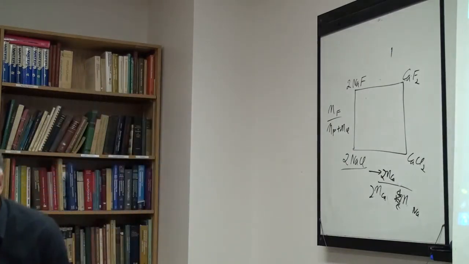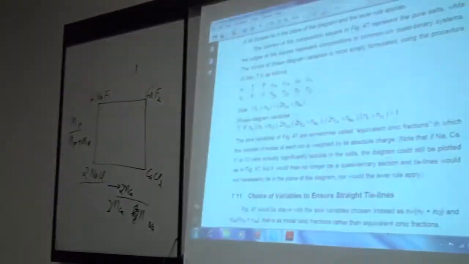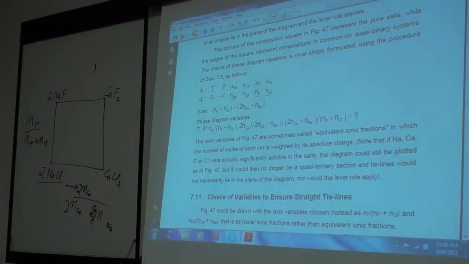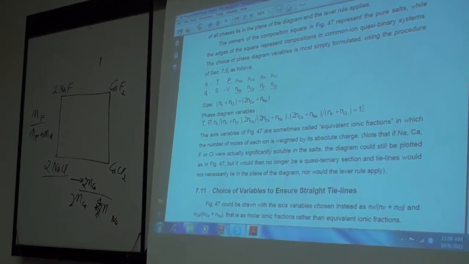The simplest way to do it in FactSage, which is what I did, is exactly this way. On the first window, these are my components: sodium, calcium, fluorine, and chlorine. I set this up with 3 composition variables. This is one, this is the second, and the third composition variable is this ratio, which I set to be constant. And then the whole thing works.